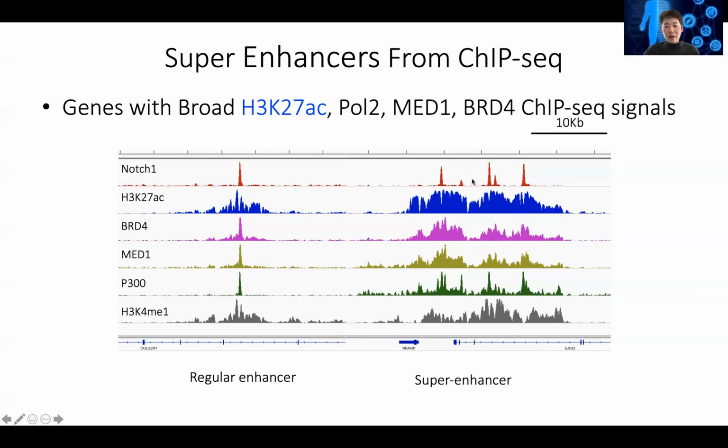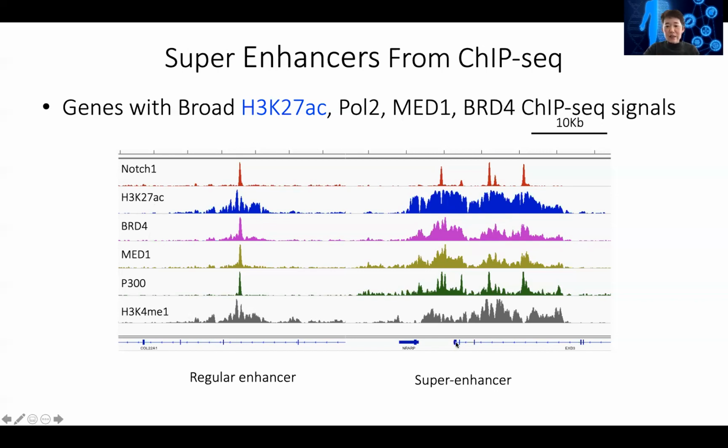And so in 2014, Rick Young called those regions super enhancers, which have very, very strong signals for K27 acetylation, Pol II, MED1, and BRD4. Out of these different ChIP-seqs, K27 acetylation is the easiest to do. And so now people are using K27 acetylation ChIP-seq to help define those regions that have super strong K27 acetylation signals.